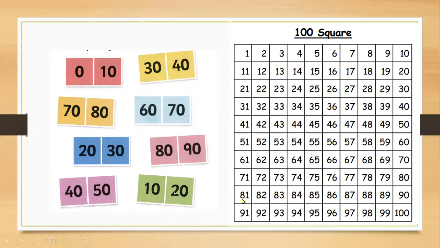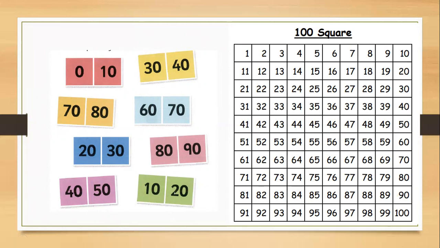Yes, here is the 8. Next number, 80, here. And this is 90. So I will start the row from 81 to 90. What is the middle number? 85. So you have to write the midpoint 85.